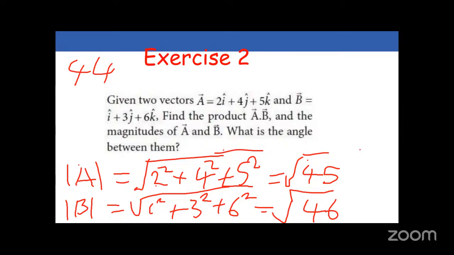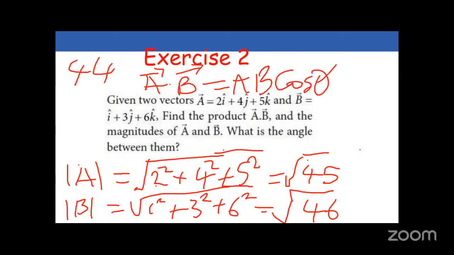So that will bring us to applying the dot product formula. A dot B is equal to AB cos theta.